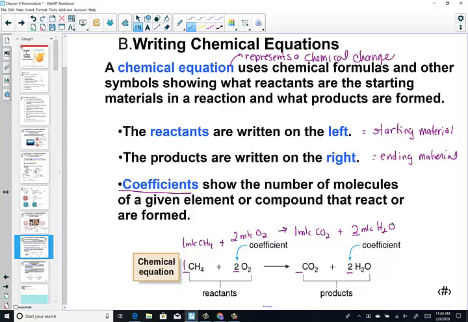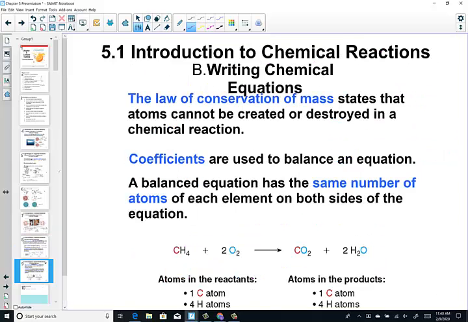How many molecules of each reactant and product are needed to balance the equation? That's the job of the coefficient. And we use these coefficients, we said, to obey the law of conservation of mass. And we're asked to define that term and just simply say atoms cannot be created nor destroyed in a chemical reaction. Atoms cannot be created nor destroyed.